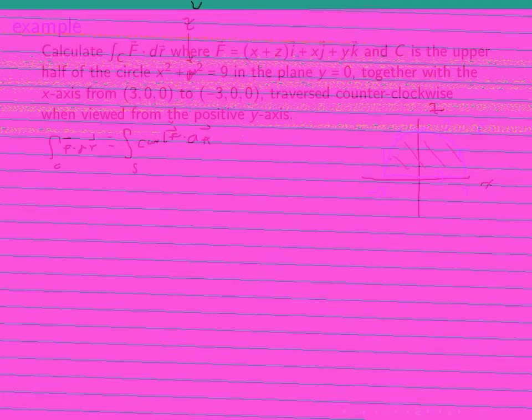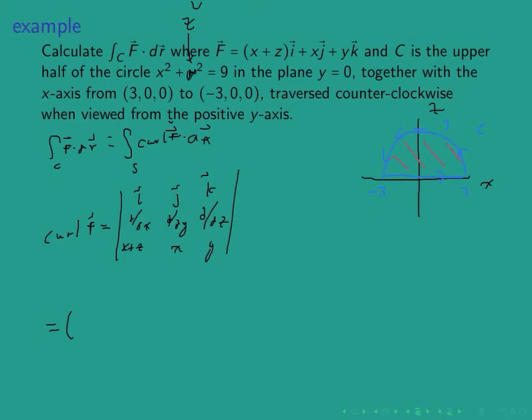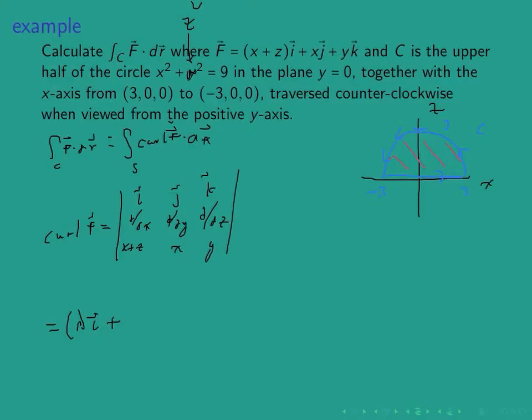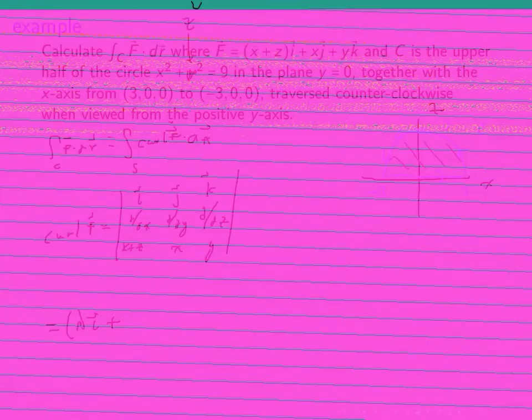Okay, so let's see what this determinant is. So for the i component, I get the partial of y with respect to y minus 0. So I just get 1i, plus, in the j direction, the partial of y with respect to x is 0, minus the partial of x plus z with respect to z, so that's 1, so I get minus 1, but remember I always have an extra minus in the j direction, so we get plus 1j.